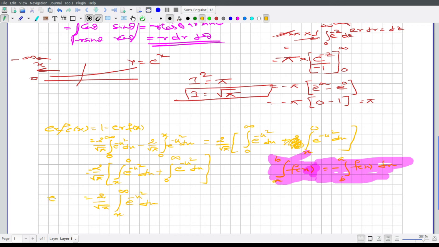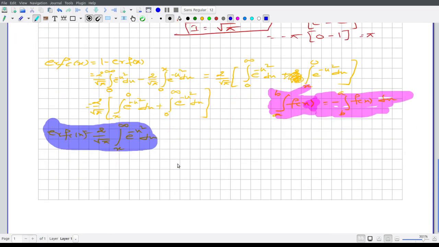So this is the complementary error function representation in the form of an integral. Is it okay? This is the representation of that error function in terms of the corresponding integral.